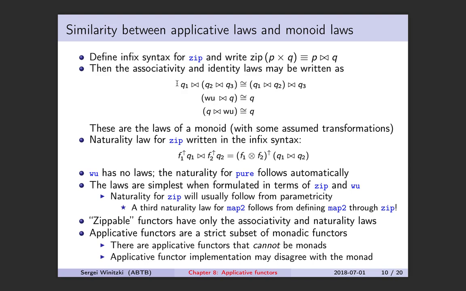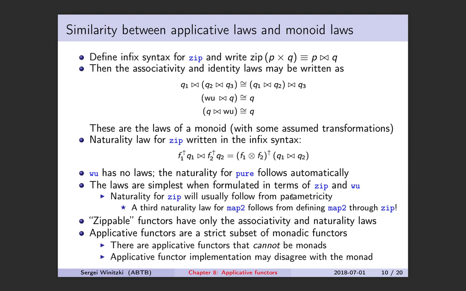So obviously this is much simpler than the laws when formulated in terms of map2. I already discussed in a previous tutorial that naturality usually follows from parametricity in code that has type parameters.